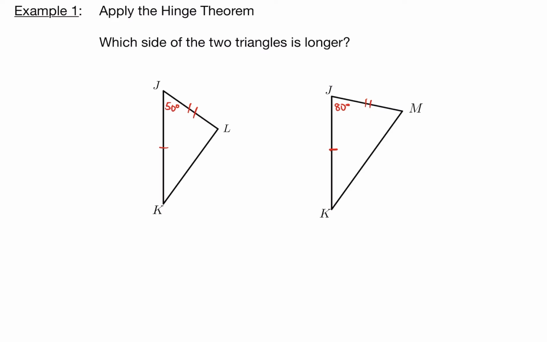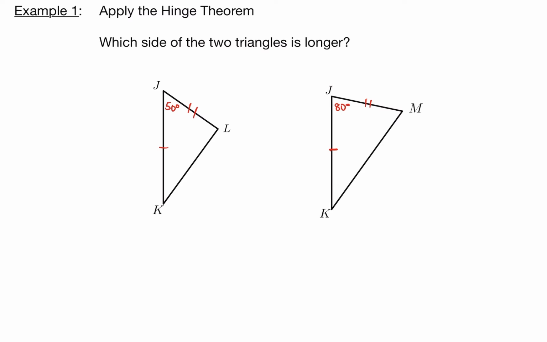Now, what's different here is that angle KJL is 50 degrees, whereas angle KJM is 80 degrees. This angle is larger, which means this mouth, I'm going to just call it a mouth, is open wider. And when it's open wider, both of these sides move further apart than in this triangle, which means this length is longer.